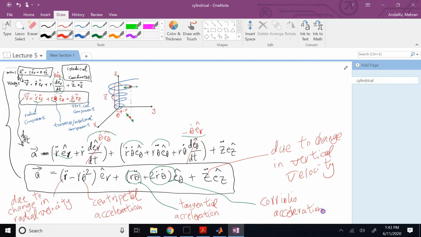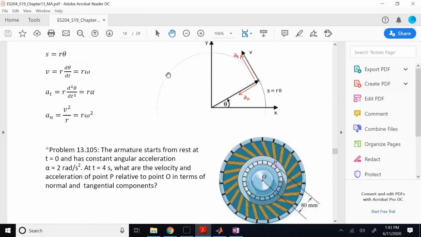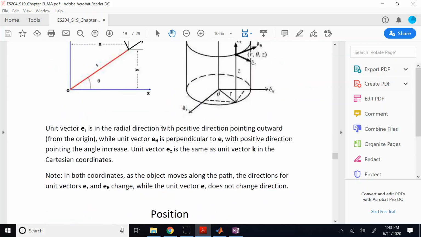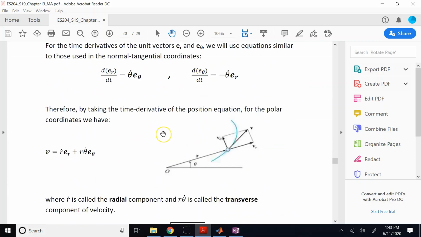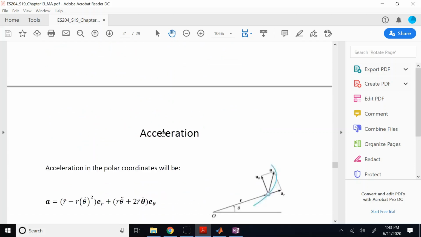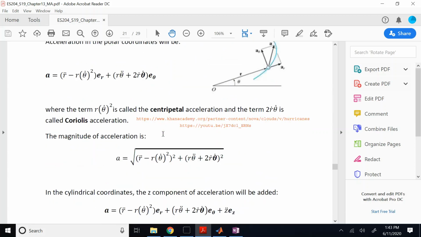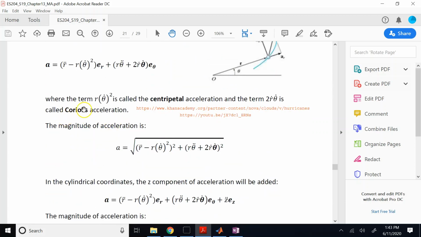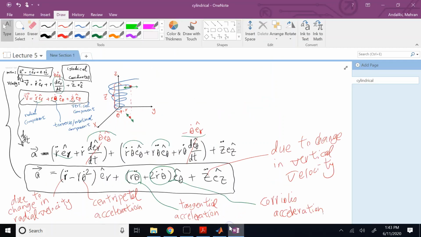Most probably you have heard this term, Coriolis. Okay, so that's the name of this term, Coriolis acceleration. Actually, it's one r, not two, so let me correct my spelling. So the Coriolis acceleration is 2r dot theta dot.